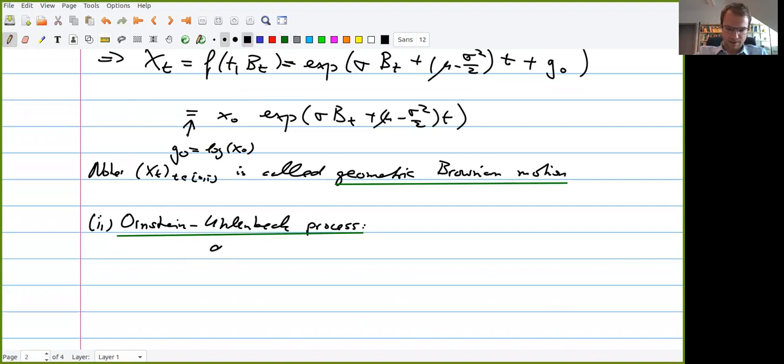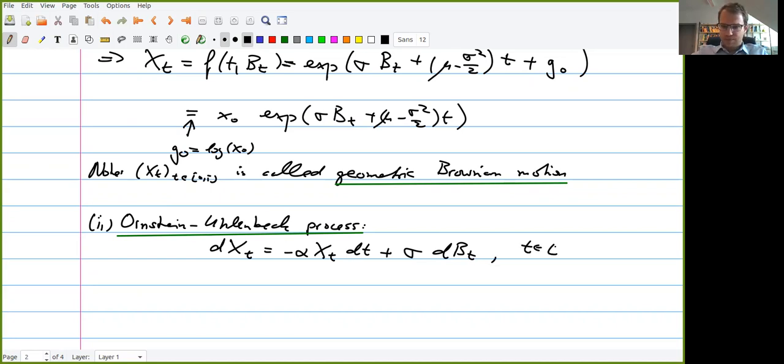Here the dynamic is given slightly differently. So the dynamics dX is given by minus alpha X_t dt plus sigma dB_t. So we have an ordinary differential equation which is perturbed by some additive noise, because here the noisy part is not depending on the solution itself.